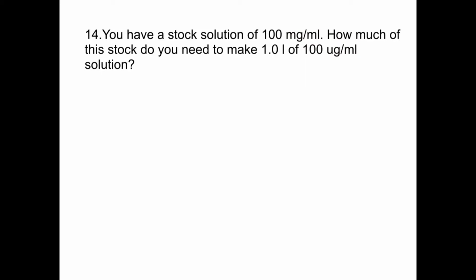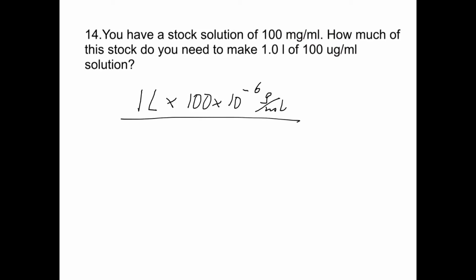So we want to have 1 liter of 100 times 10 to the minus 6 gram per milliliter solution. That's our 100 microgram, and our stock solution we have 100 times 10 to the minus 3 gram per milliliter.